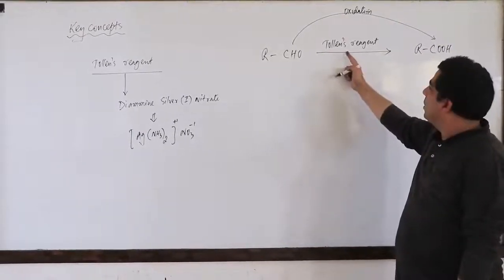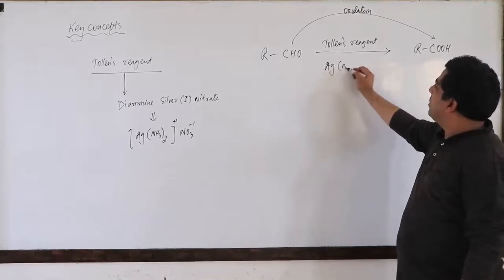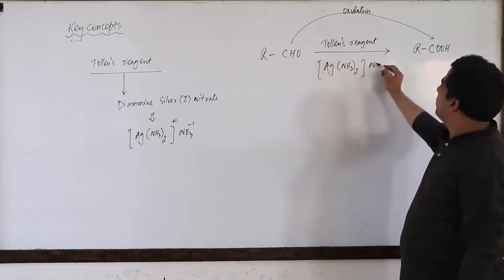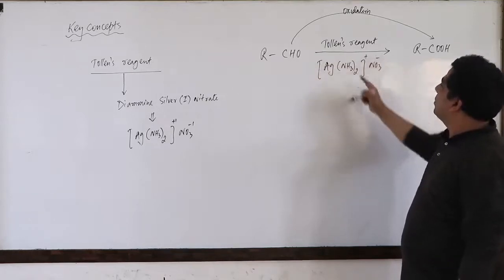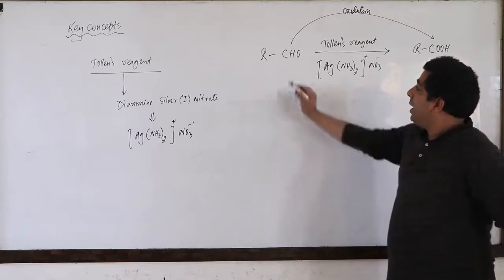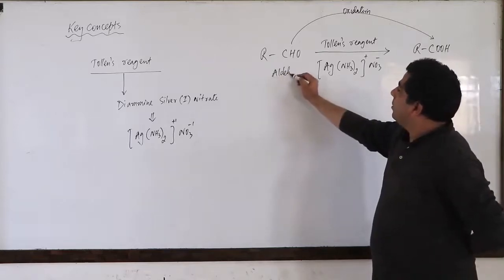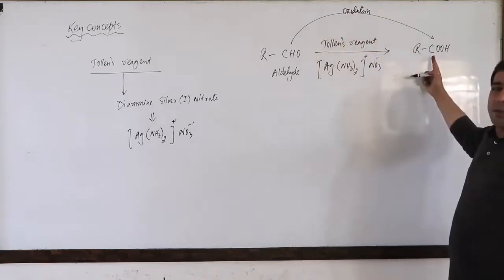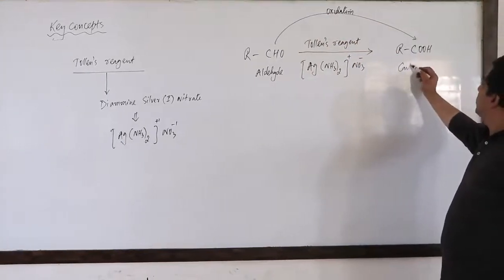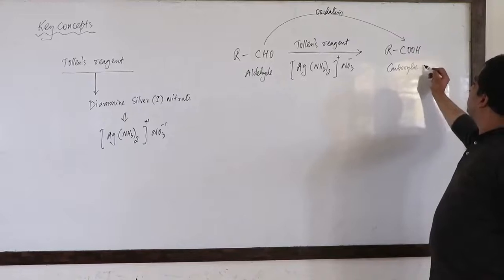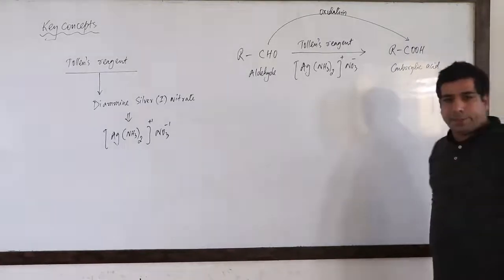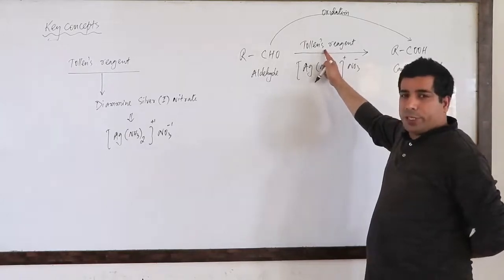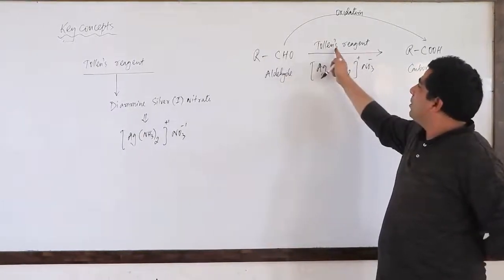In Tollens reagent, I have diamine silver(I) nitrate. This is my molecule, the Tollens reagent. The aldehyde undergoes oxidation to form carboxylic acid. Correct? But the Tollens reagent should be reduced. This aldehyde will reduce the Tollens reagent.